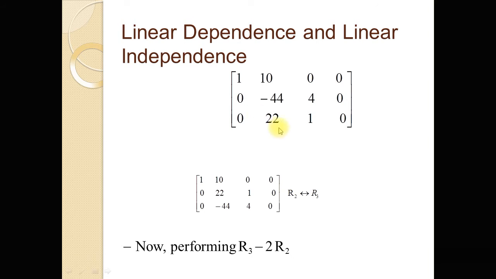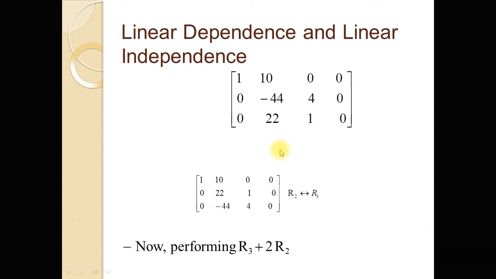We can also interchange the second and third rows, and then multiply the second row by 2 and add it to R3, and we will obtain 0 here.